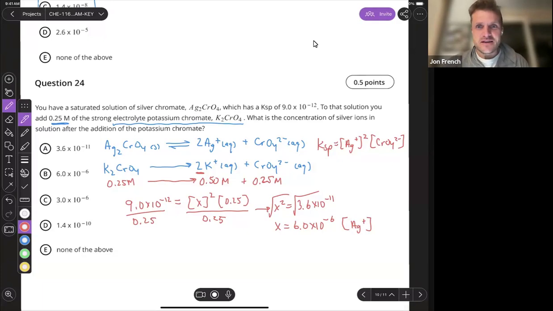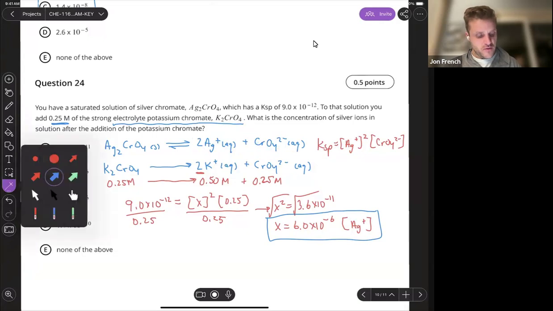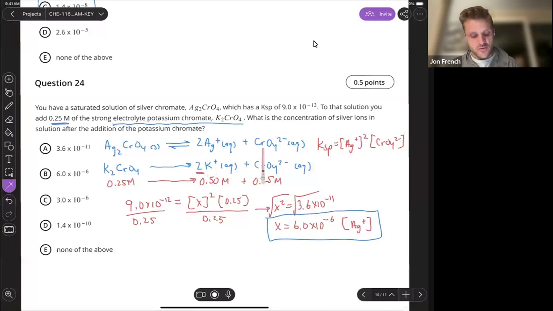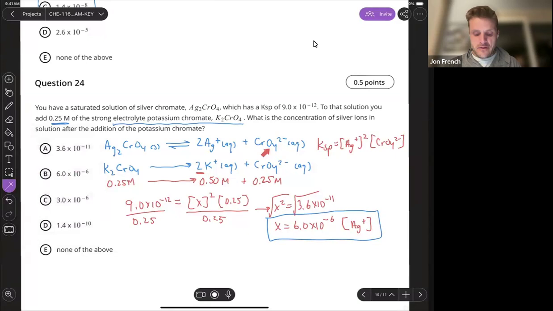So after explaining, it is not 2x, because we would call it 2x if I did not know either of these concentrations. If both of these concentrations were unknown, I would say this is x and this is 2x.